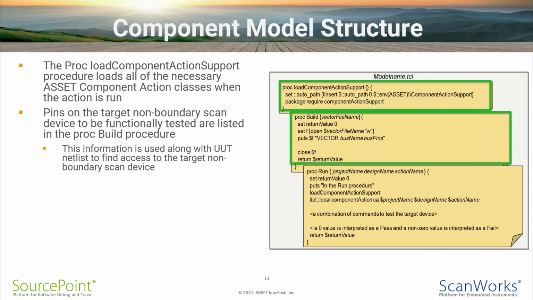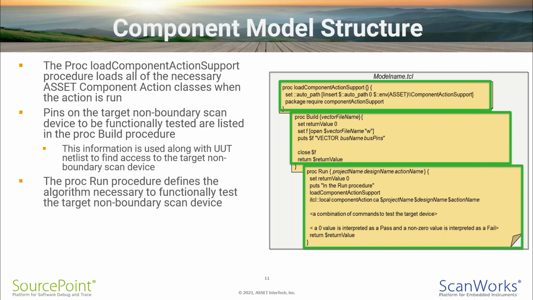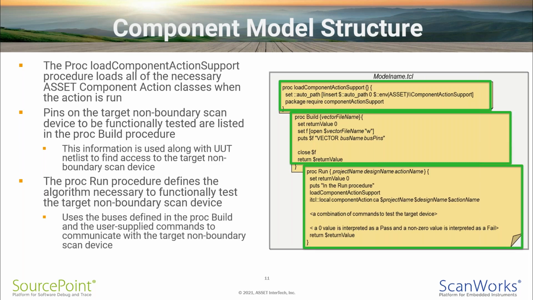This information is used with the UUT netlist to find access to the target non-boundary scan device. The proc run procedure defines the algorithm necessary to functionally test the target non-boundary scan device. It uses the buses defined in the proc build and the user supplied commands to communicate with the target non-boundary scan device.